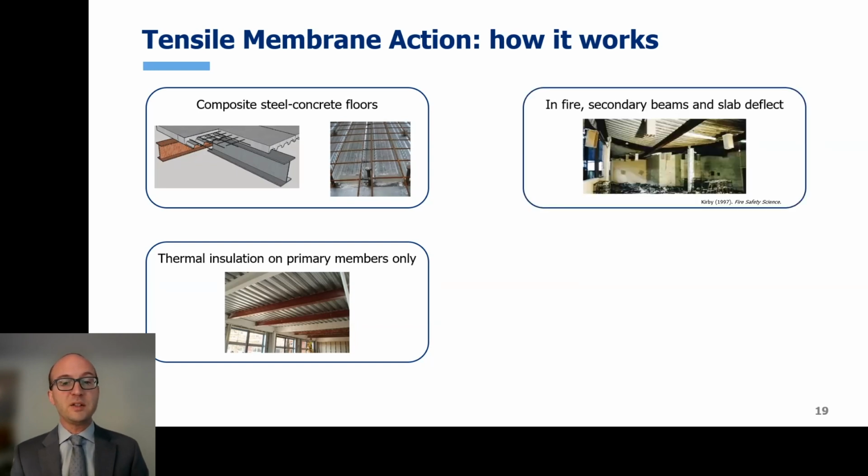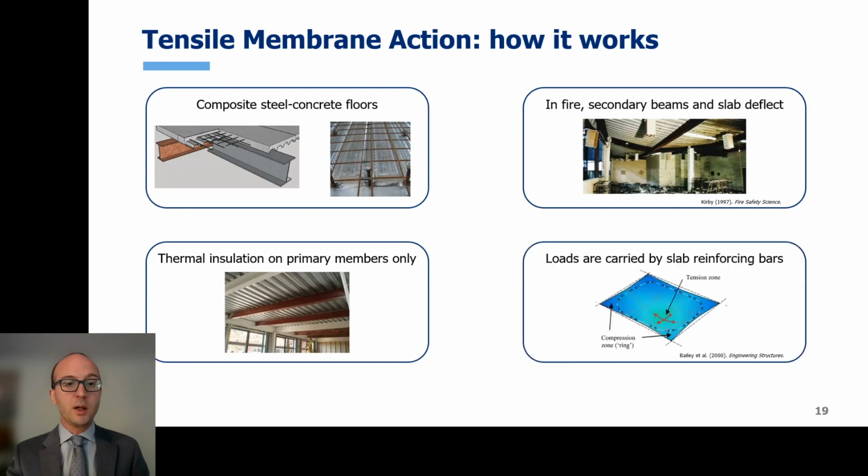In case of fire, these secondary beams get very hot, so they deflect, and the composite slab follows. But as the deflections increase, the reinforcement bars in the slab are put in tension. And so these reinforcement bars now will resist additional vertical deflections.